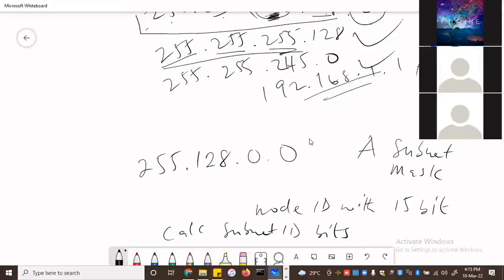Who can give me the answer to this one? What will be the answer to this one, guys? Type it, or calculate it yourself. Open your notebooks, do the calculation, and see if you can figure it out. So what will be the subnet ID bits, or the total number of subnet ID bits?